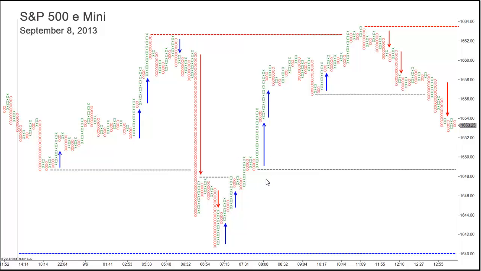However, when the market auctioned back to 1648, 1650, the computerized trading algorithms began executing to the buy side. This produced the short covering rally, and the market auctioned all the way back up to the starting point of the decline before making a modest pause, and went on to trade back up to the opening range high and did not sell off until the end of the day.